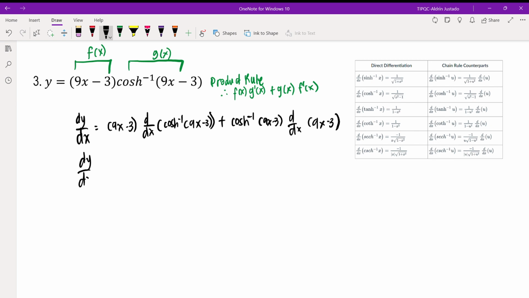Okay, sorry. So, pag ganyan, for this one, we let u equal to 9x minus 3. Since inverse hyperbolic cosine, ito yung gagamitin natin. Okay? Let's try to solve.